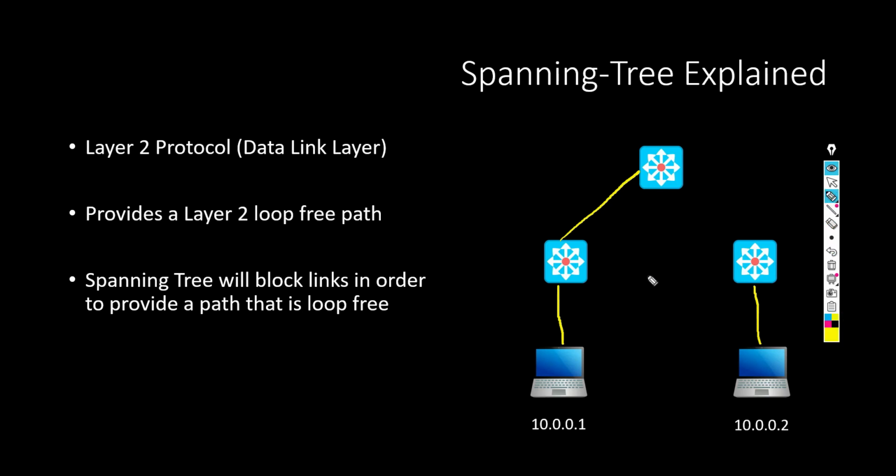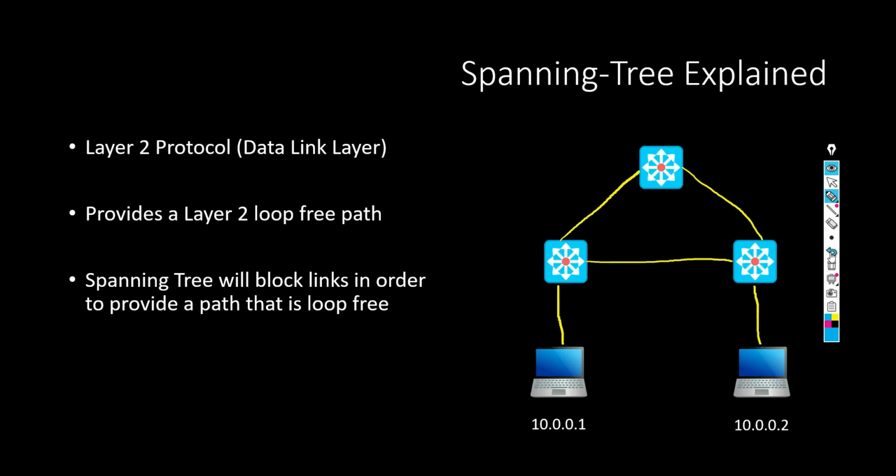So ideally, we want redundant links between our switches, because if traffic was flowing from this switch to this switch and this link were to fail, traffic could route this way and you can still get to this PC. So this one link failing doesn't break connectivity between the two laptops.